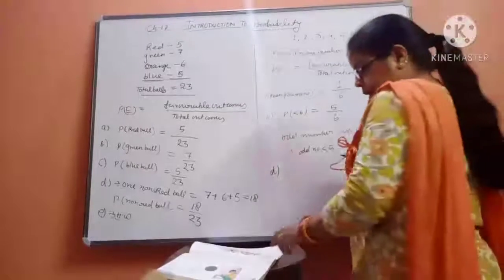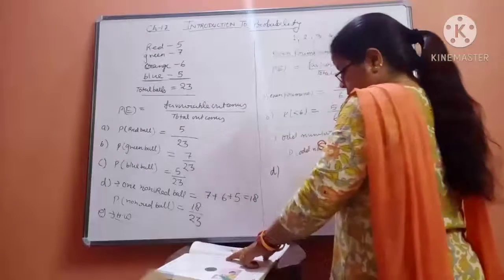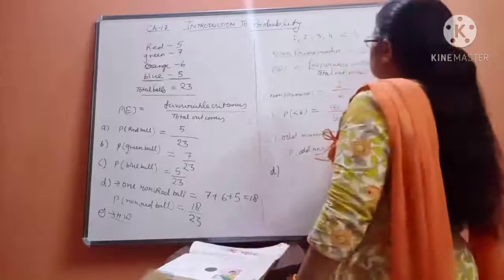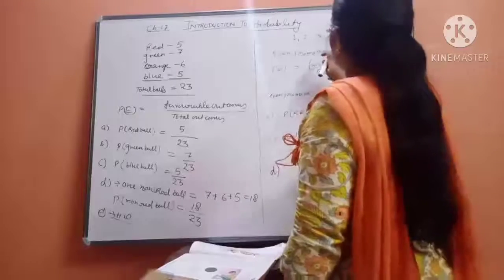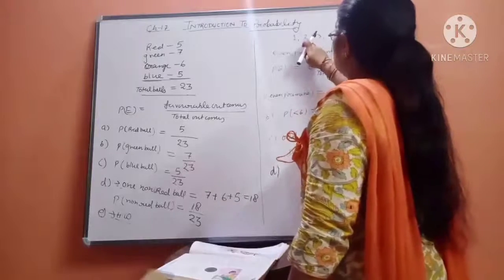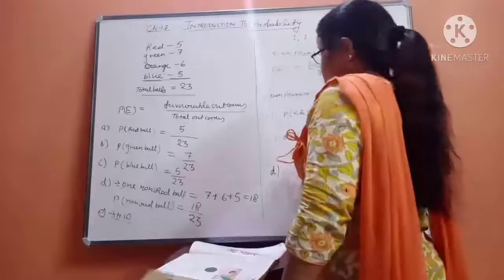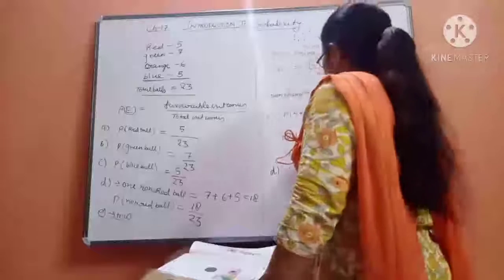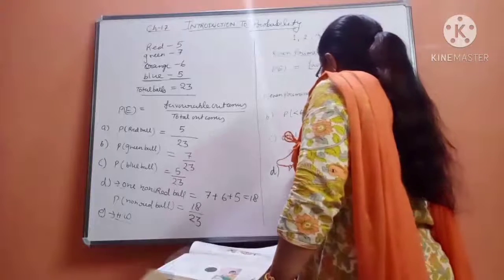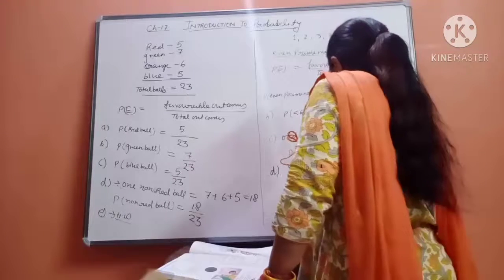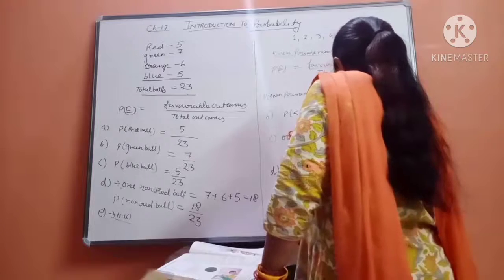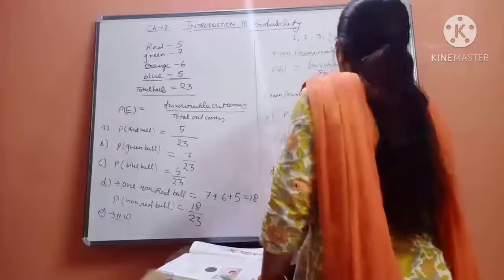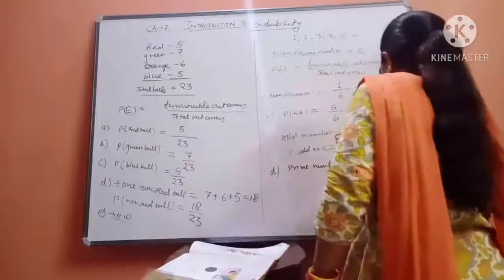See now, beta, D part of this question, prime number greater than 2. First you select the prime number greater than 2. Means you will not take 2 as a prime number here. Prime numbers are those numbers coming only in their own table. So prime numbers greater than 2, what can be the next prime numbers? 3 and 5.